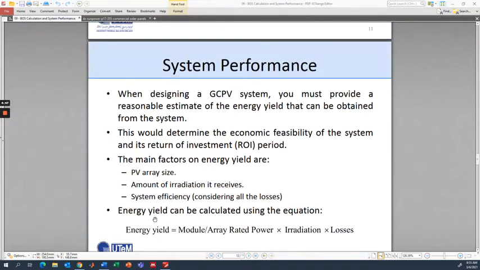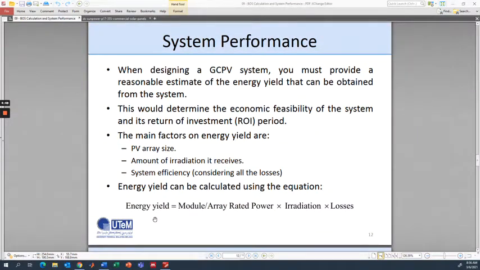Why is system performance important? When designing a GCPV system, we must provide a reasonable estimate of the energy yield that can be obtained from the system. What would be the annual output that the system can produce? Because for a GCPV system, the amount of money that is generated is dependent on the amount of energy produced.